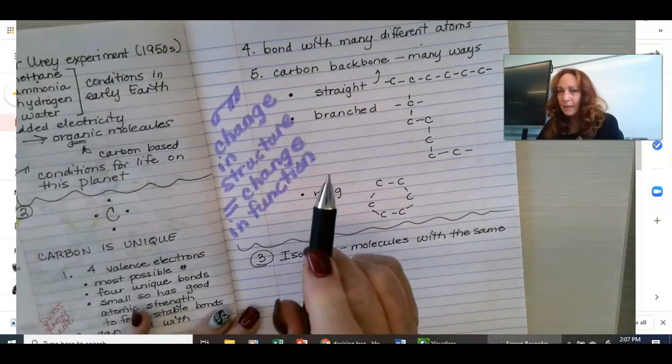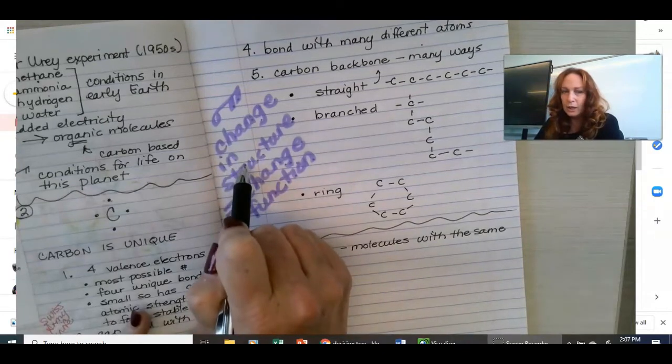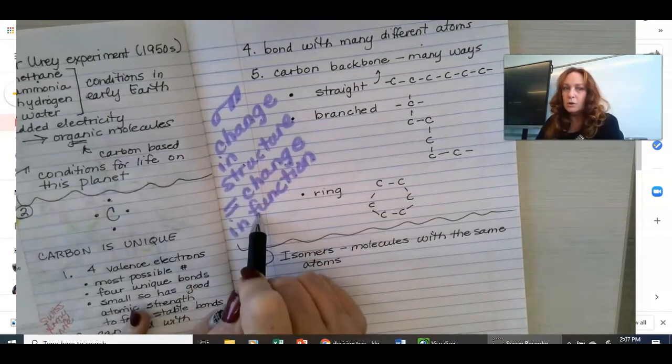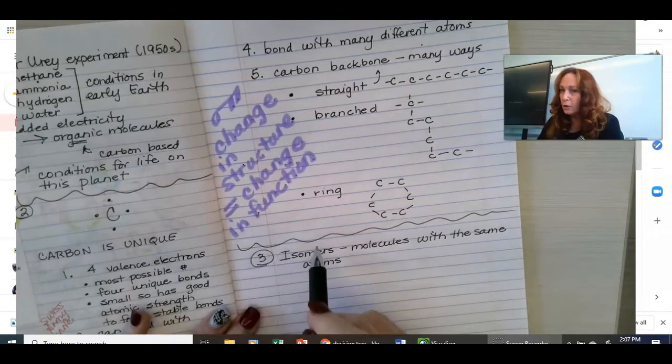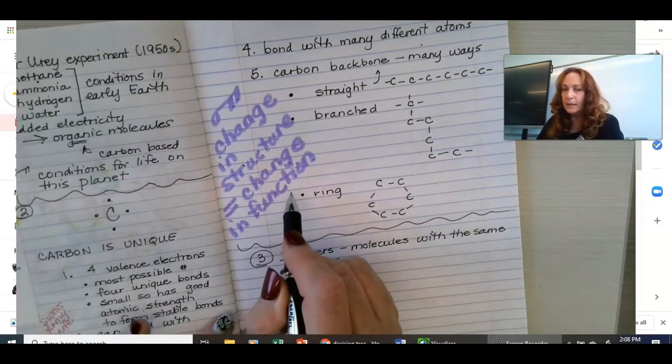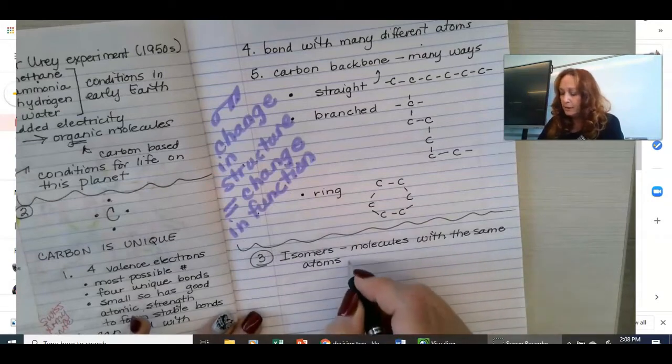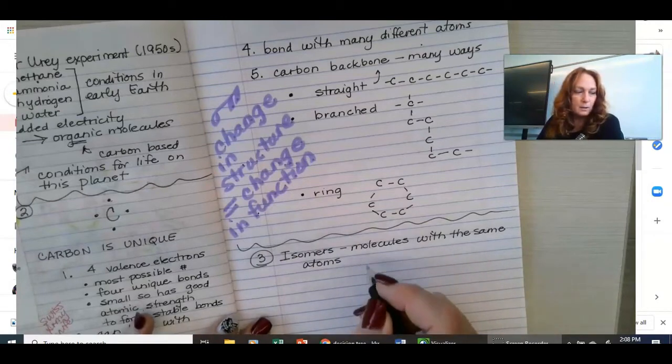What did I say about change in the structure? Change in the function. Your parts are the same, but you put them together differently, so they're going to do something different.